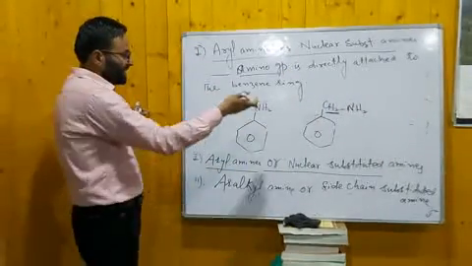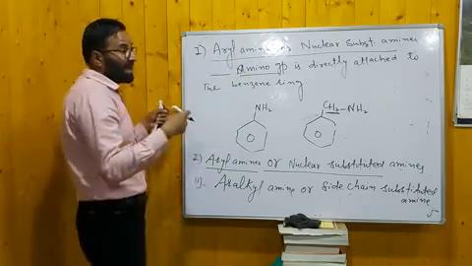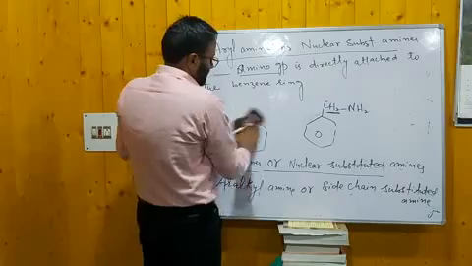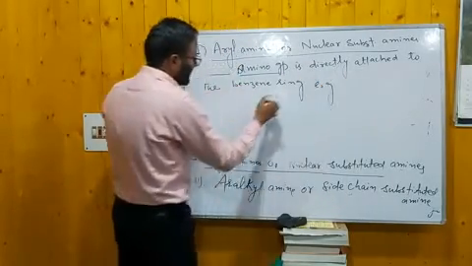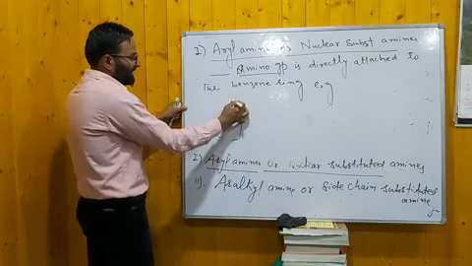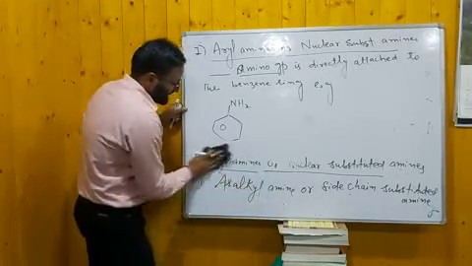So when the amino group is directly attached to the benzene ring, the name is aryl amine or nuclear substituted amines. If you take an example of this type, you can say, sir, the amino group is directly attached to the benzene ring. This is the example.